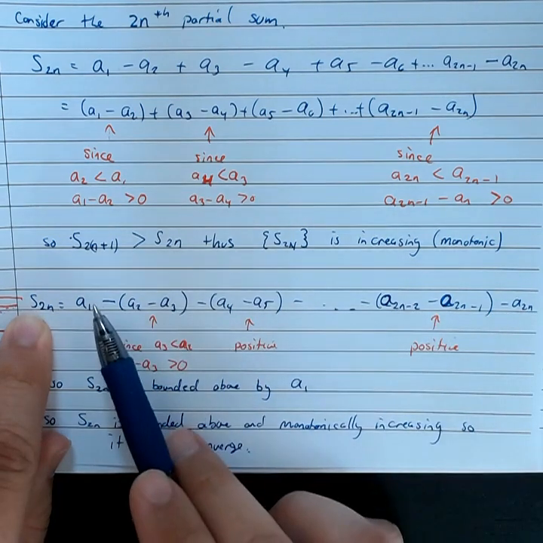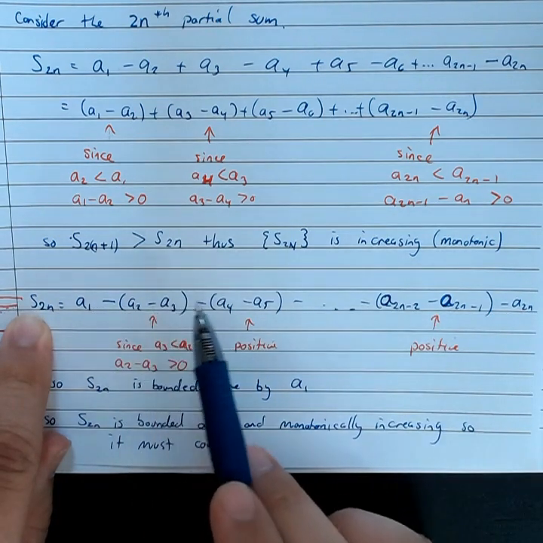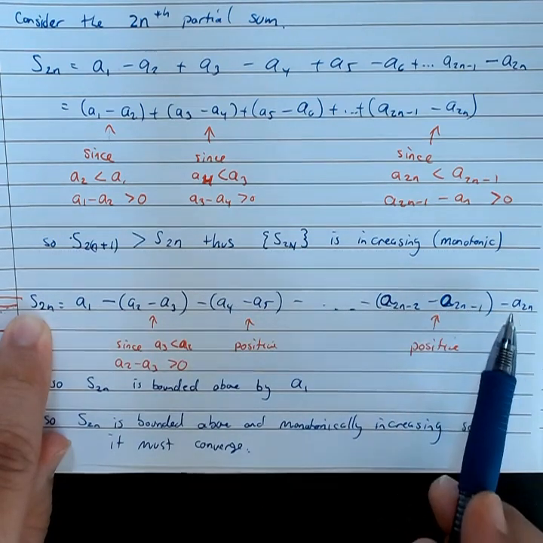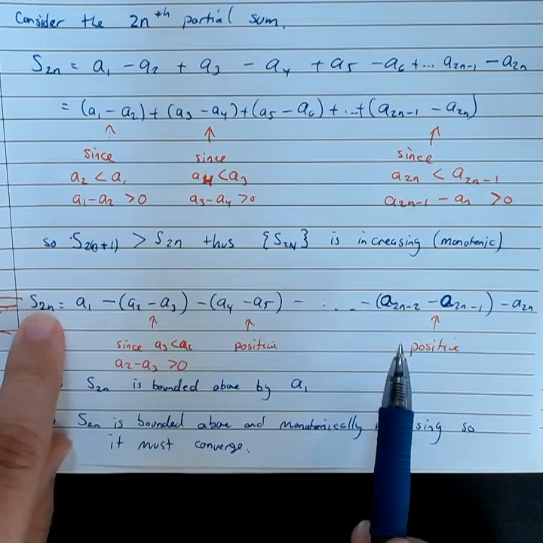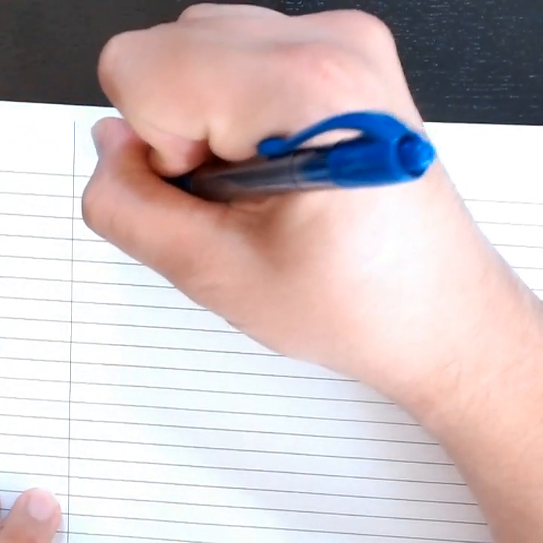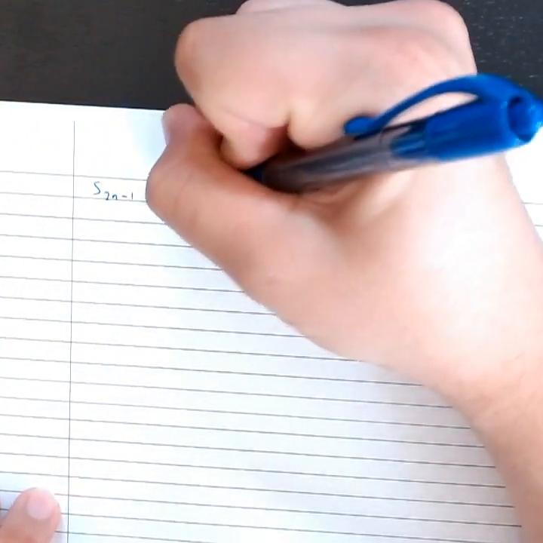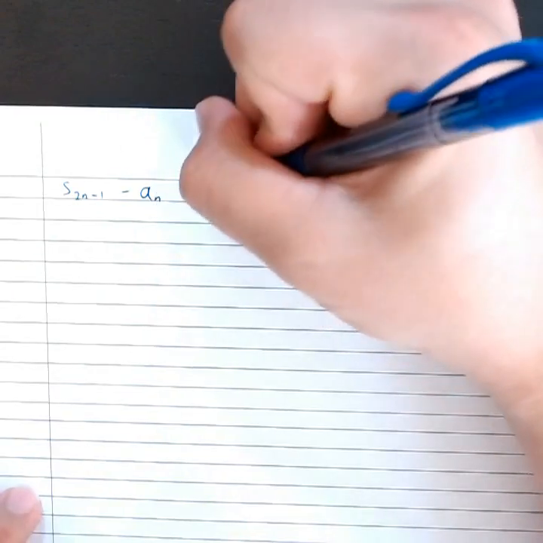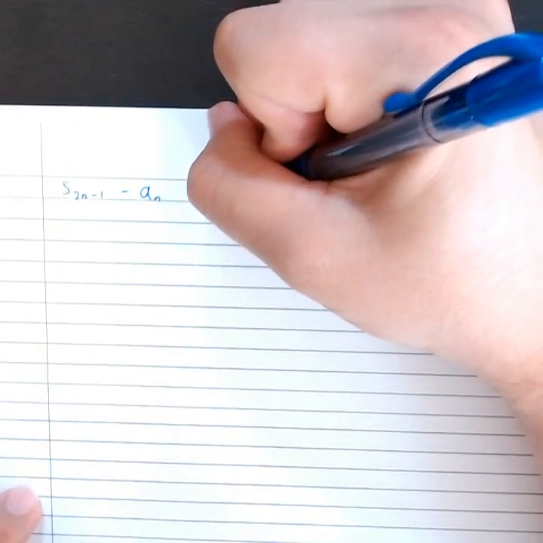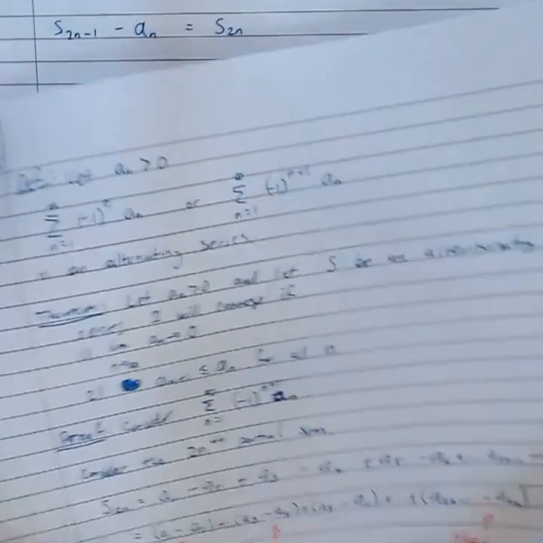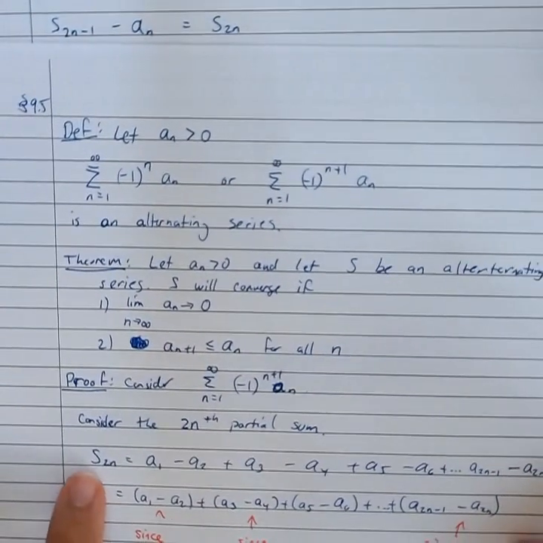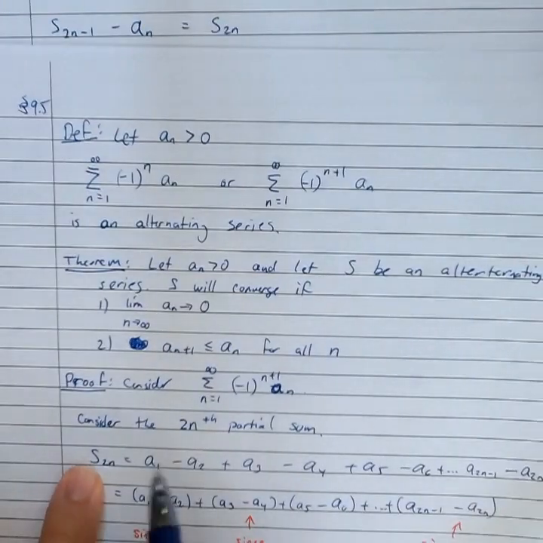So if I took S sub 2n minus 1, which is this, and I subtracted that one number, it would give me S sub 2n. Let me write that. If I started off with S sub 2n minus 1, and I just subtracted that one last number, that would give me my S sub 2n. Let's convince ourselves of that before we continue.